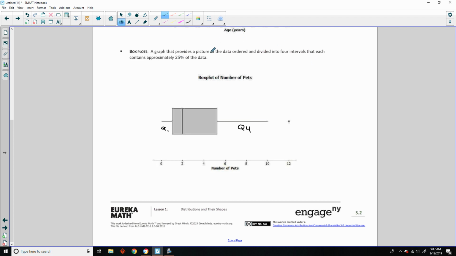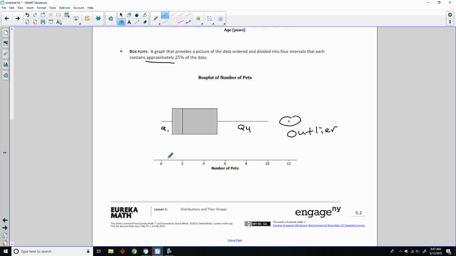And they said approximately because this right here is considered an outlier. Okay, so not all data would be on the box or whisker. Sometimes if you have one item of data way out of the norm, then they are put as a dot or an asterisk.